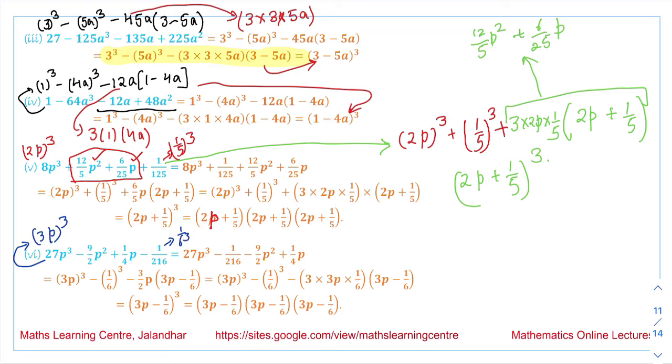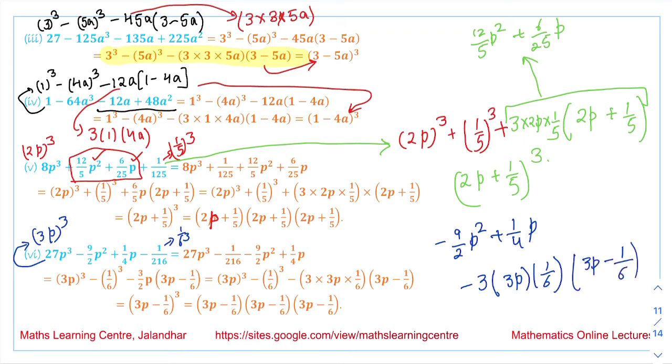Now the middle term we are talking about is minus 9 by 2p square plus 1 by 4p. So we need to check whether it is equal to 3 times 3p into 1 by 6, with the negative sign, into 3p minus 1 by 6.